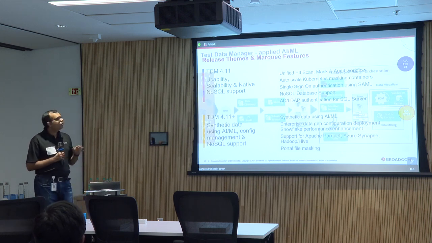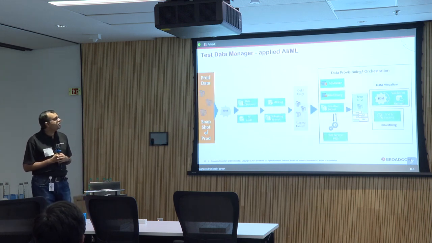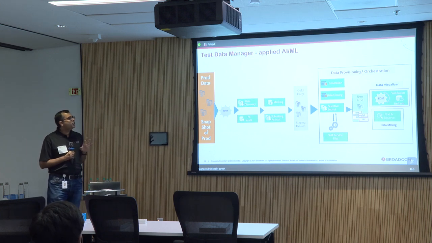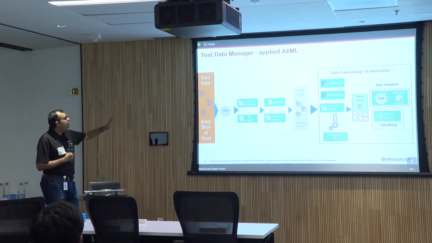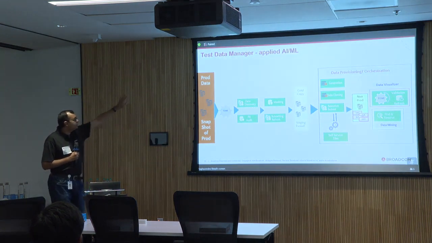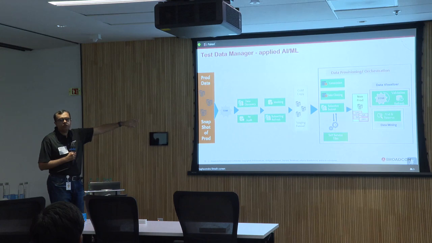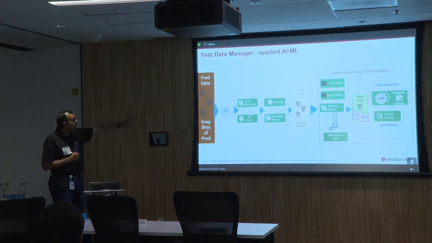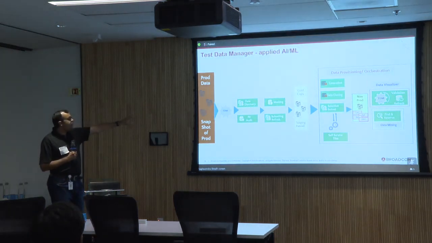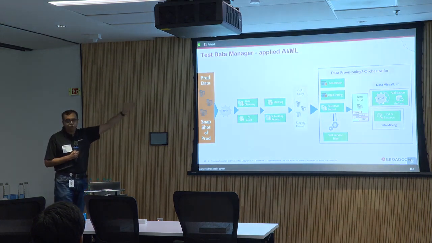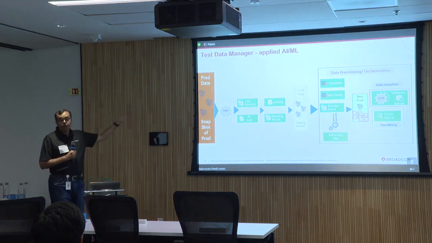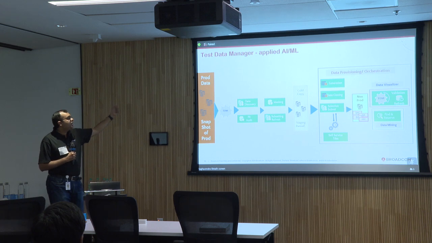Before I talk about AI and ML, we started this exercise probably a year and a half back. What you see on your screen is a typical workflow which is used by the majority of our customers. On the left, you have the production or a snapshot of production, and then you apply TDM disciplines. Maybe you do a data discovery to build your logical model, maybe a PII audit.